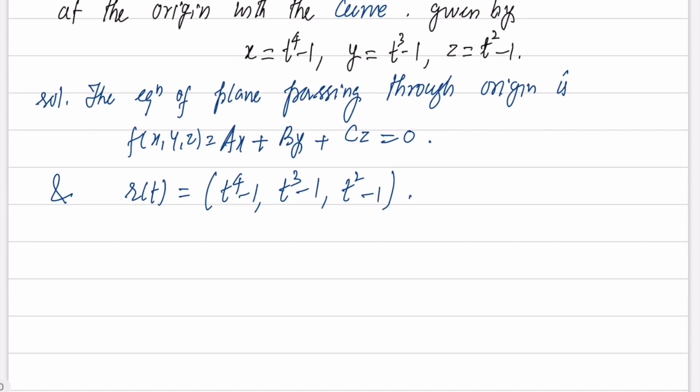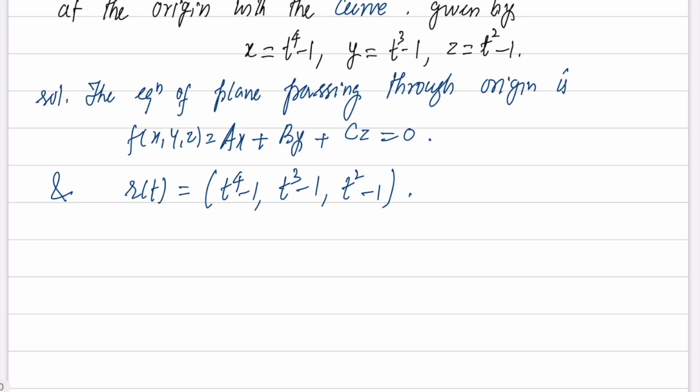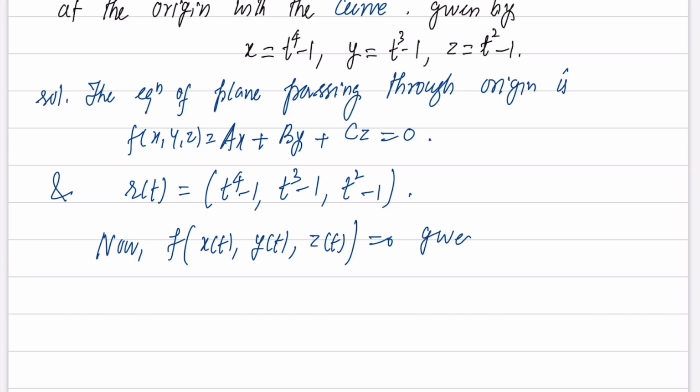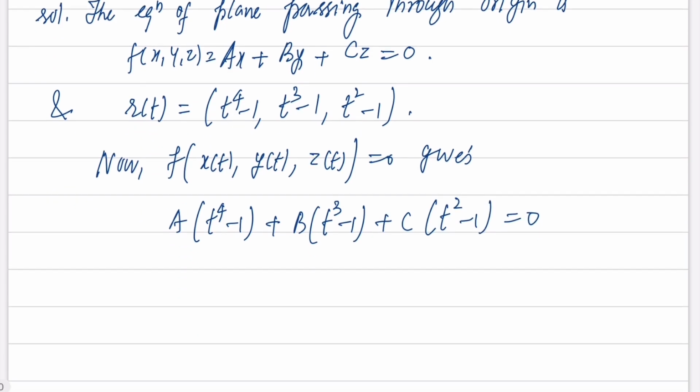So now first we eliminate x, y, z from the function f of x, y, z. So now f of x of t, y of t, z of t equal to 0 gives us a into t power 4 minus 1 plus b into t cube minus 1 plus c into t square minus 1 is equal to 0.